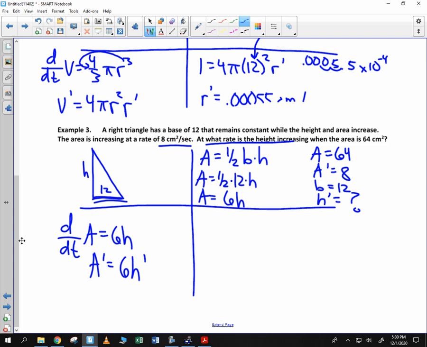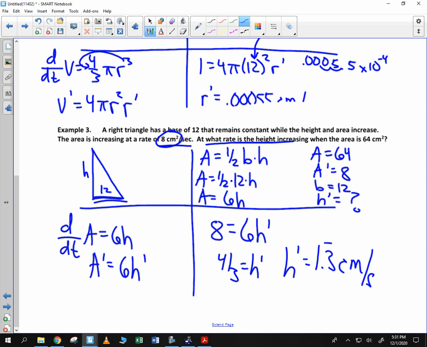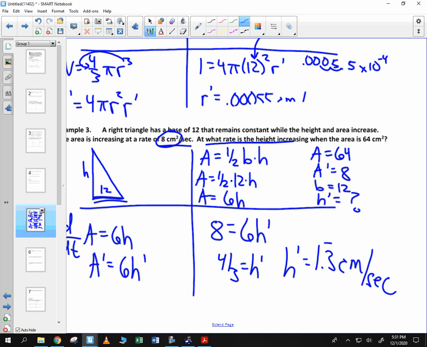So A prime is 8, equals 6h prime. Divide by 6, you get 4/3 is equal to h prime, or h prime is 1.3 repeating. And what's our measurement? Looks like we have centimeters per second. So that's a little trick: if something's not changing in the problem, then you can plug it in right away. But if it is changing, you have to wait till the end.